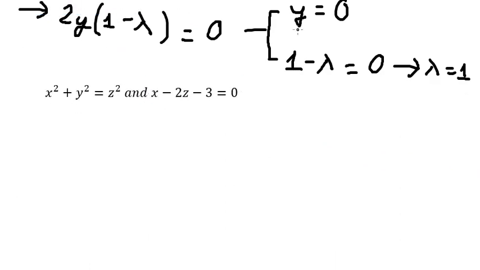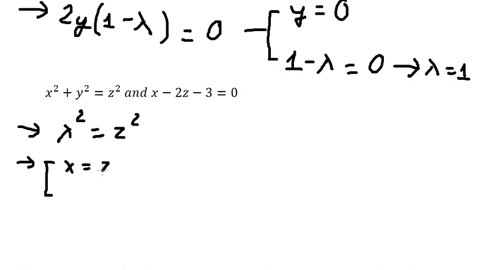So when y equals number 0, we just put this one in here. And we have x² equal to z². So in this one, we have two solutions, x equal to z and x equal to negative z.